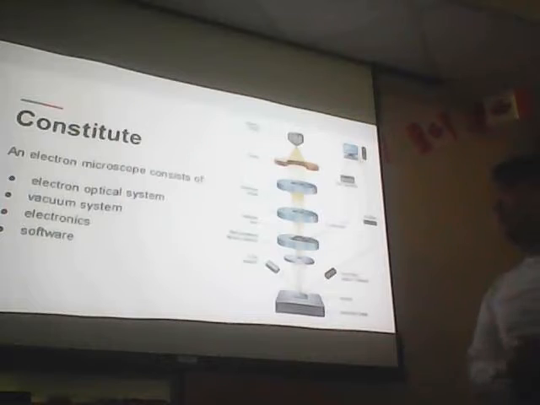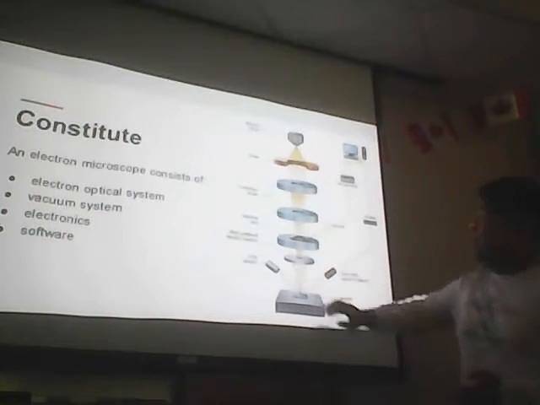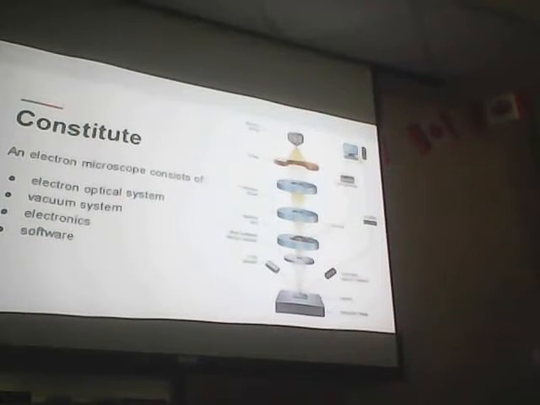The first one is the electron optical system, this whole part from the electron gun and so on. Then there is the sample: you have to have a chamber to keep your sample under vacuum. Then there's your power system, which supplies power to your machine, and then the software that connects to your PC or computer to check the image.